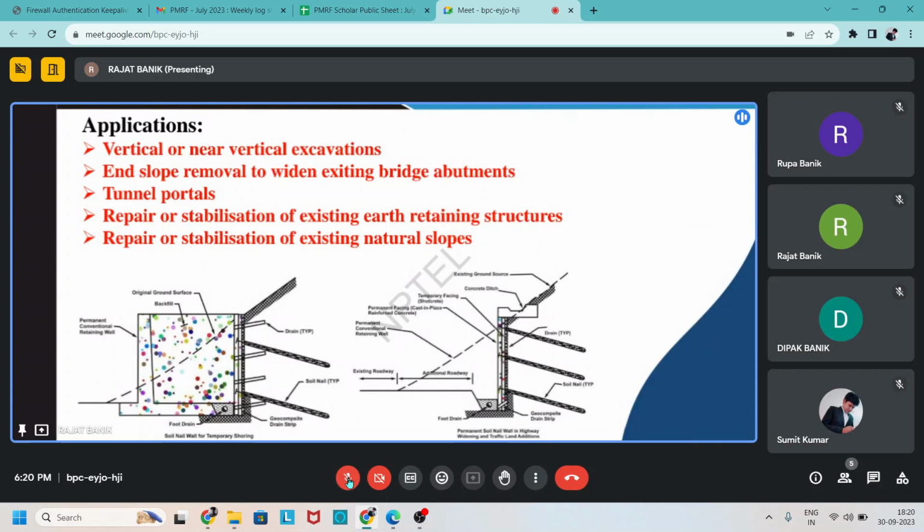Then there is slope removal, widening the existing bridge embankment. So we use it below the bridge embankment, or at the side of the bridge, to widen the space in between the embankment.